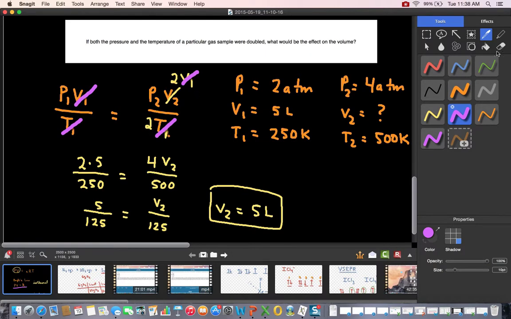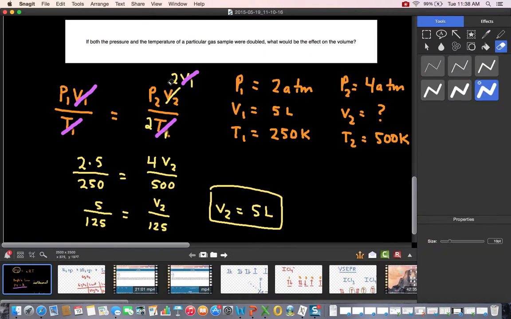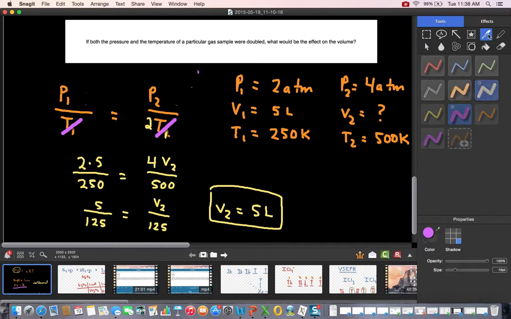And I made a small mistake here, so let me go back and fix this. It's P2 that is 2 times P1. So let me erase what I did right here. V2, V1.